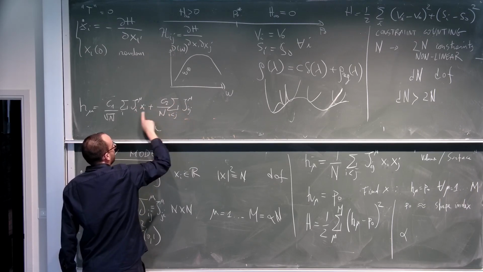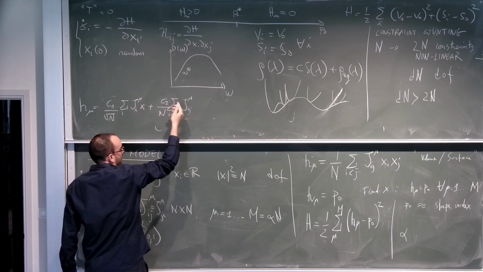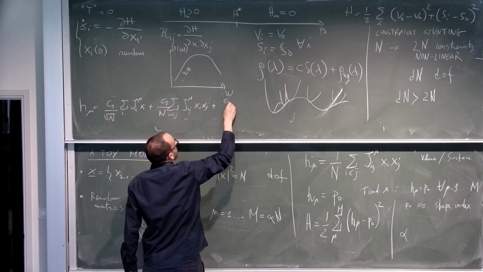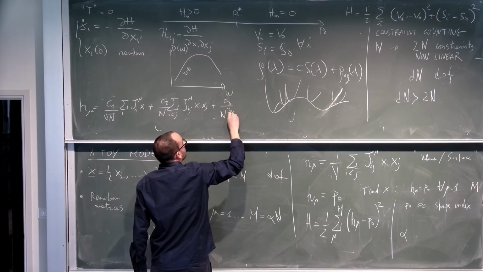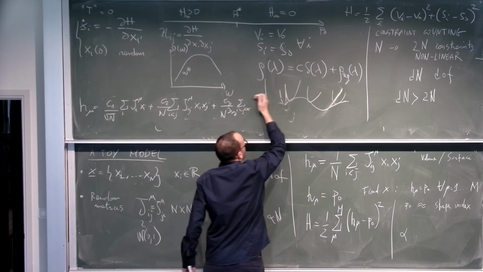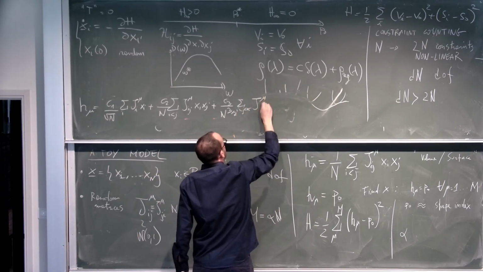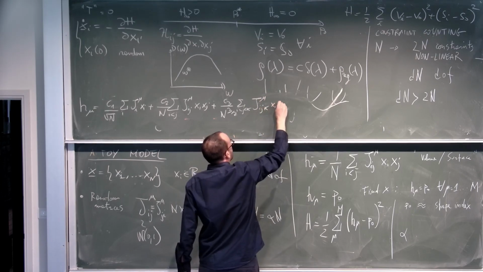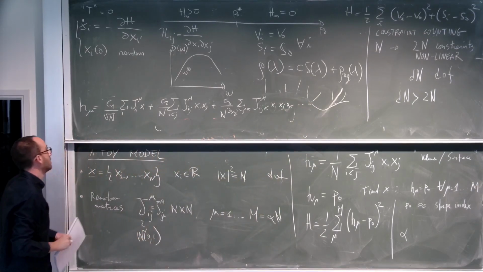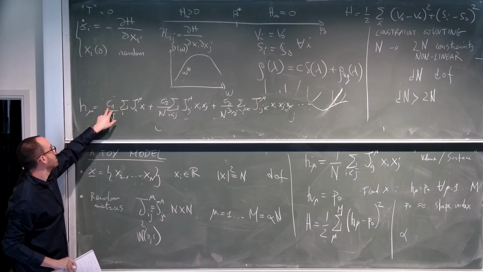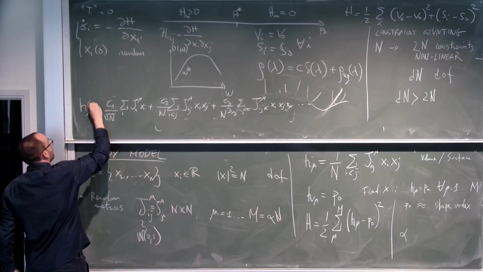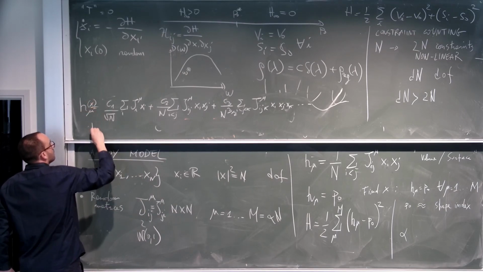If they have different indices there, they are different. And so on. By choosing these coefficients here, I can essentially get some kind of random field with correlations.